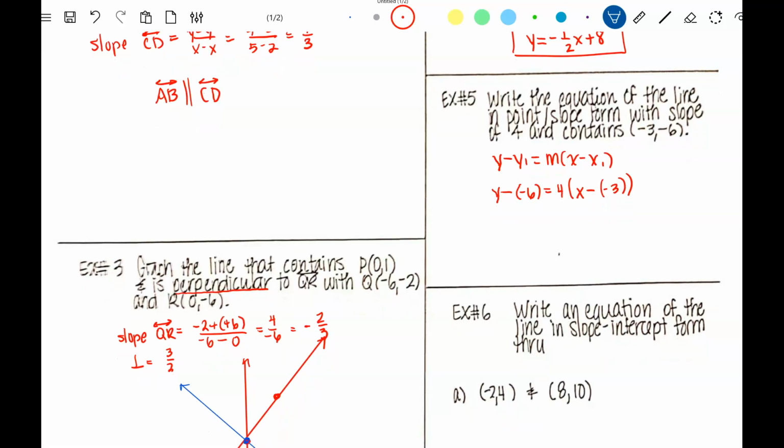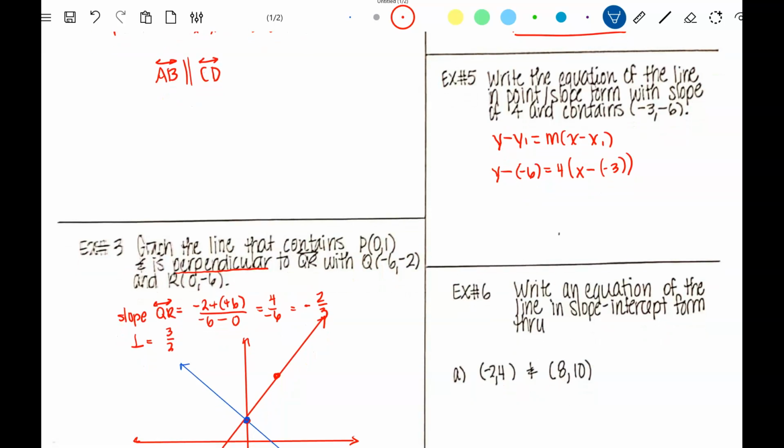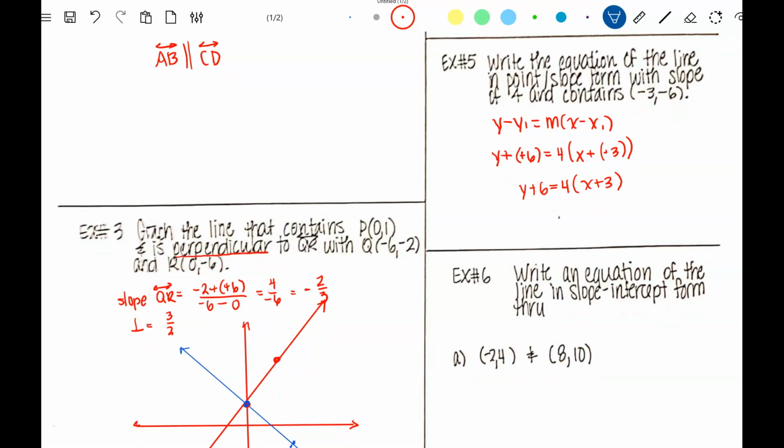So all we have to do for this to be in point-slope form is to clean this up a bit. So y plus 6 equals 4 times x plus 3. That's point-slope form. If you wanted to rearrange it to get the y-intercept, all you would have to do is distribute the 4 and then move the 6 over.